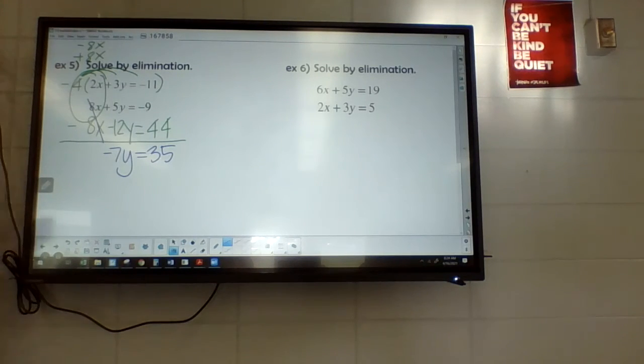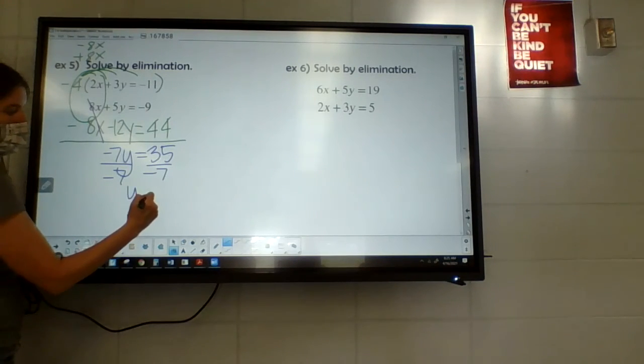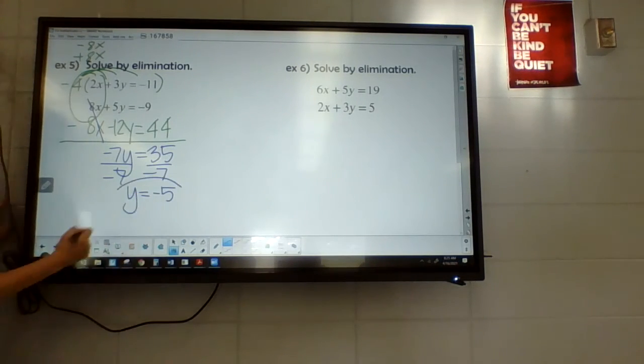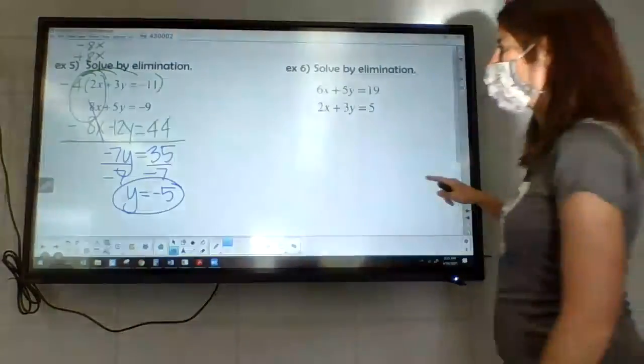Now I have to get my y alone, so I'm going to divide by negative 7. So I find out y is negative 5. And once I know that, then we're going to substitute that back in to find my other variable. I don't know which one we want to use. Maybe the top one?